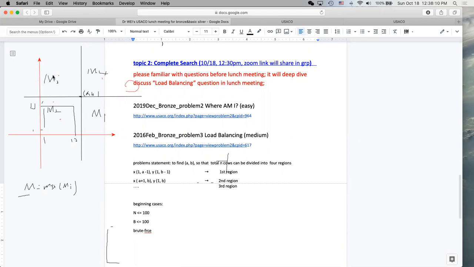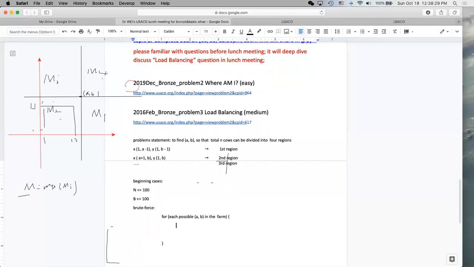So now you tell me, for this algorithm, just brute force, it's going to be well defined. The brute force is going to be for what? For each possible A and B in the farm. And what you're going to do is figure out M1, M2, M3, M4, and just go ahead and count how many cows.